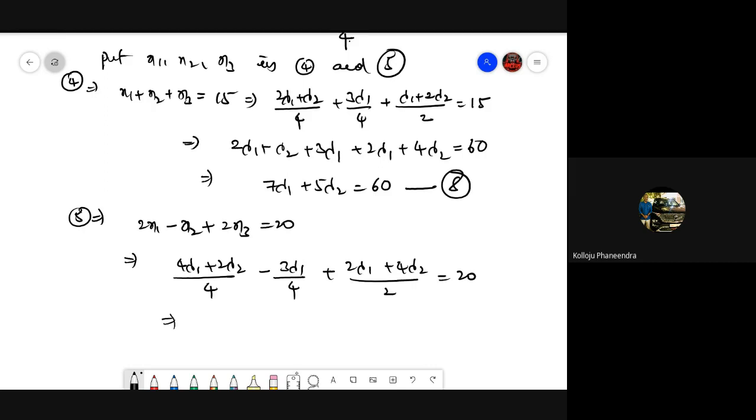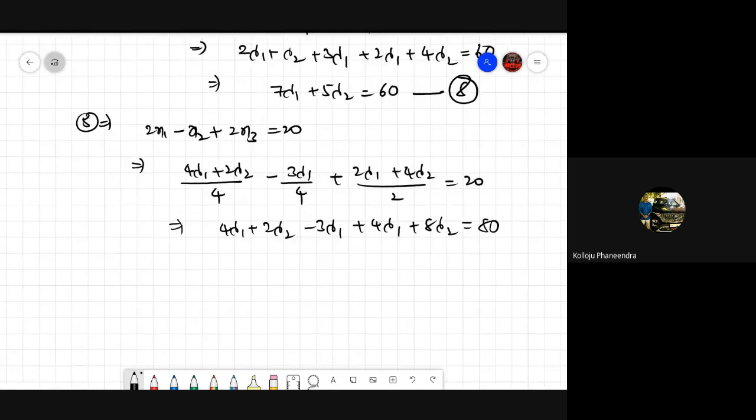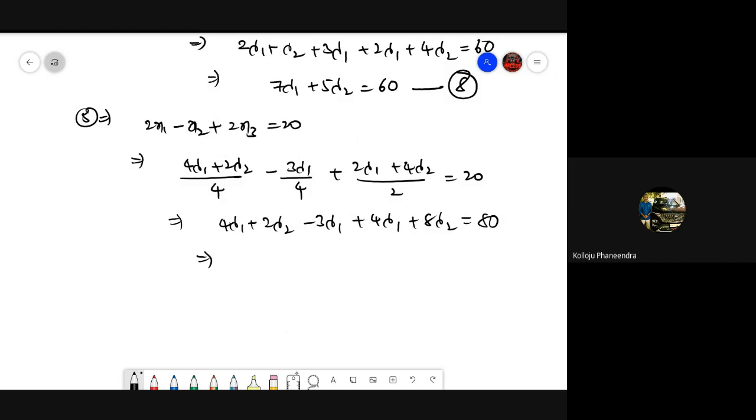Now take the LCM 4: 4λ1 + 2λ2 − 3λ1 + 4λ1 + 8λ2 = 80. So 5λ1 + 10λ2 = 80, so λ1 + 2λ2 = 16. This is 9.